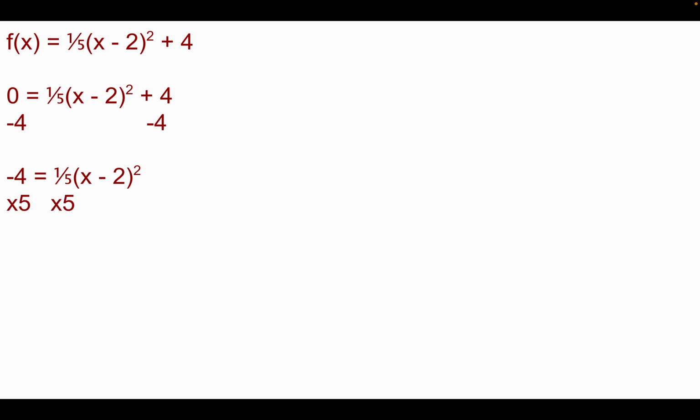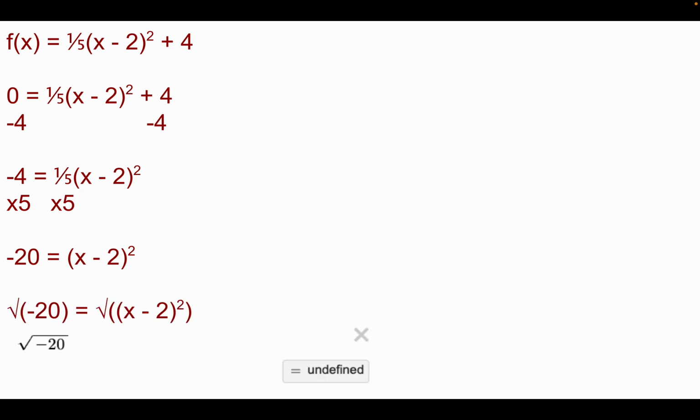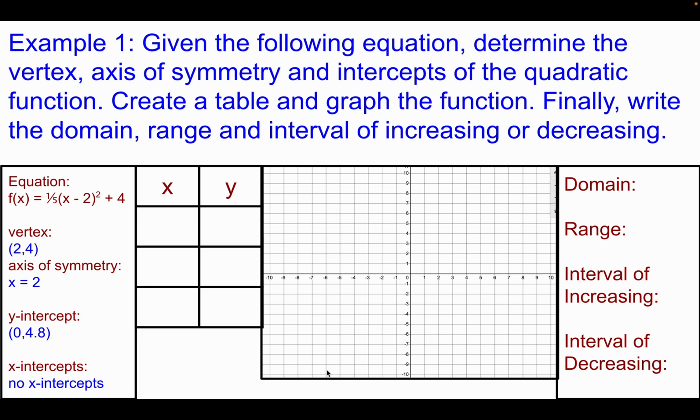Then we'll multiply both sides by 5 to get rid of the 1/5. That will give us -20 equals (x minus 2) squared. At this point, we can say no solution because you can't square root -20, right? The square root of -20, when you plug that into Desmos, is undefined. So this one has no x-intercepts.